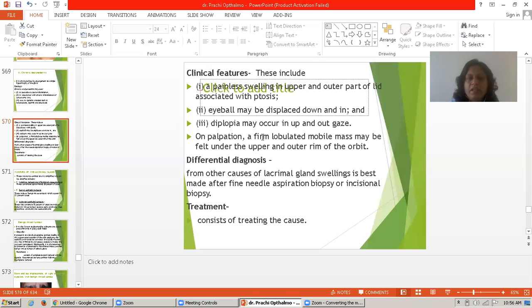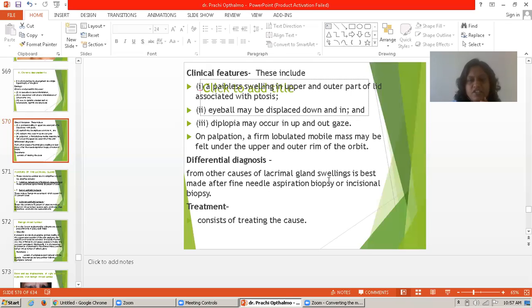On palpation, a firm, lobulated, mobile mass may be felt under the upper and outer rim of the orbit.